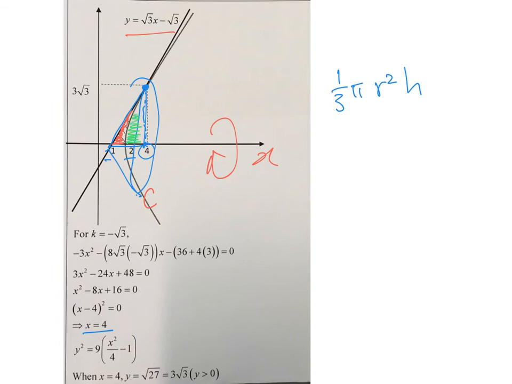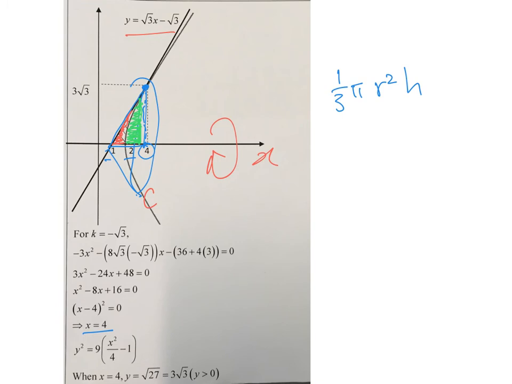the volume obtained by rotating this green shaded region bounded by the curve from x equals 2 to x equals 4 about the x-axis, right? Since this is not going to give us some known solid to which we can apply a certain formula, that is when the integration comes in.